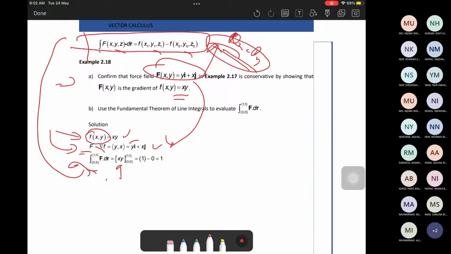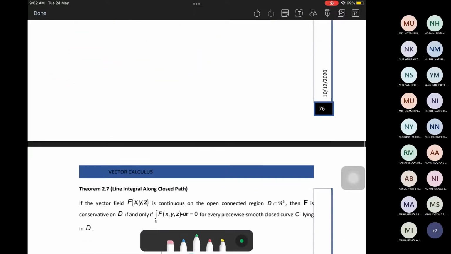Jadi kita tak perlu tunjuk dan integrate bagai semua, jadi kita gunakan fundamental theorem ni untuk selesaikan yang ini. Okay, jadi F ini adalah f, dan kita akan dapat jawapannya adalah 1.